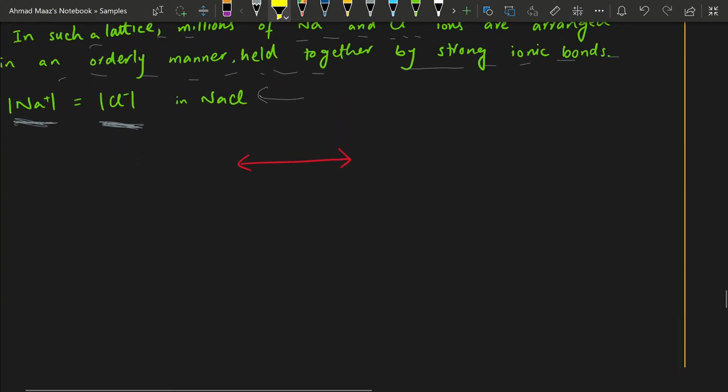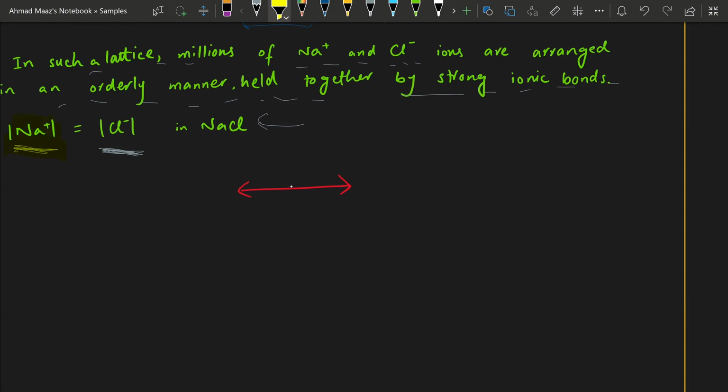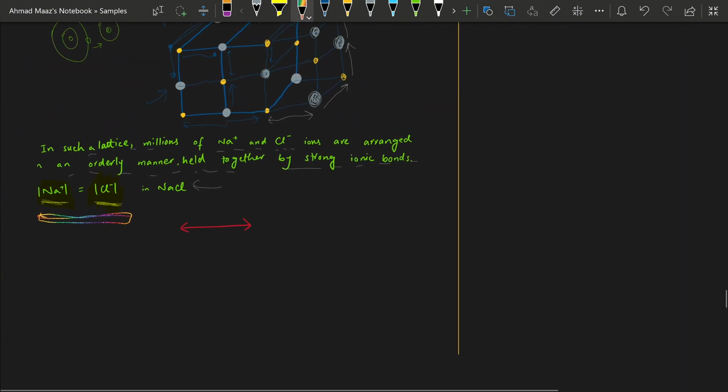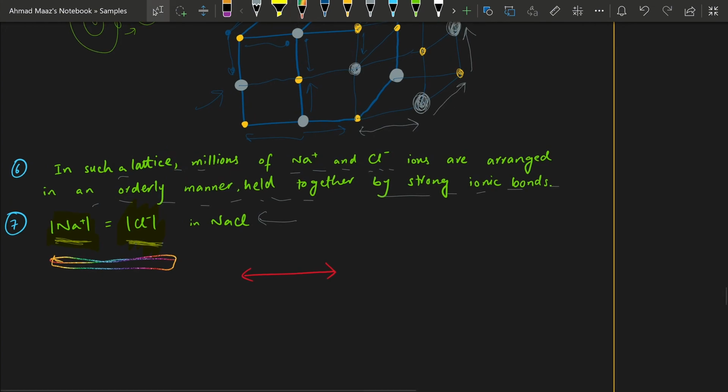So the number of sodium ions always equals the number of chloride ions in a crystal of sodium chloride, or in any other ionic compound or ionic structure.